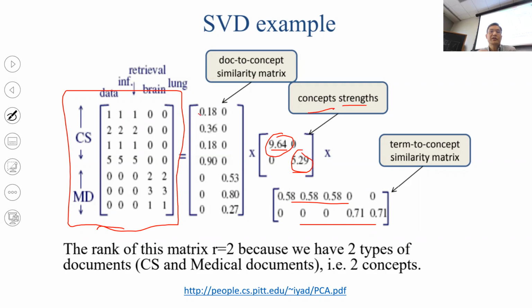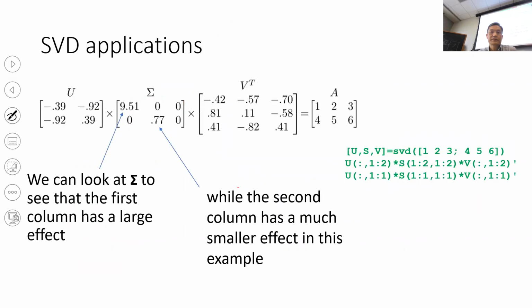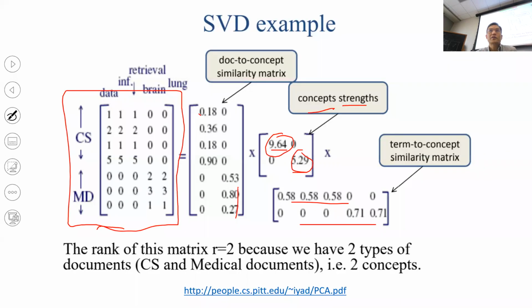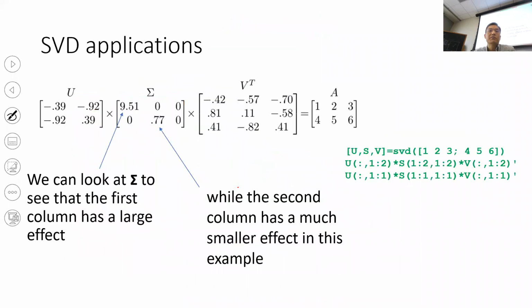And here you have the concept of the components. This is not the most important, because you can use NMF to achieve those, right? I think the most important one is the so-called low rank approximation.